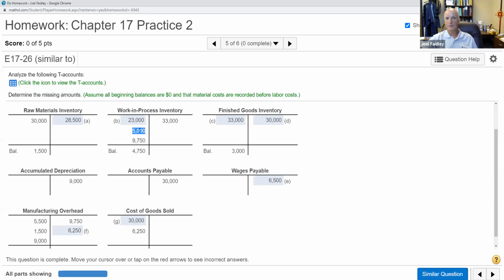So if that's 1,500 and that's 5,000, then 5,000 plus that 1,500 is my 6,500 wages payable, right? Yeah, that's a little confusing. But always remember material, labor, and overhead. So that's my direct labor. That has to be my indirect labor, is the assumption, to make that 6,500.